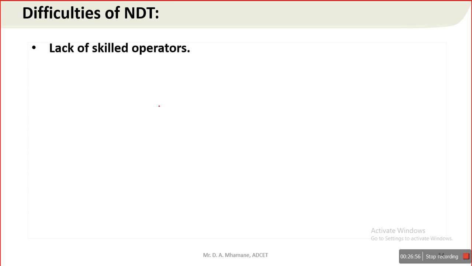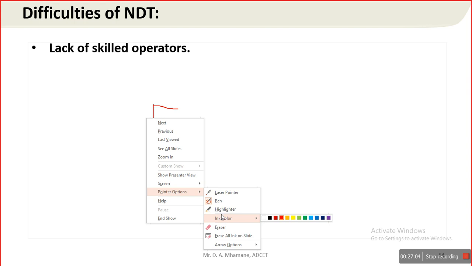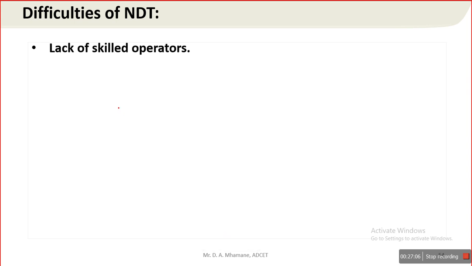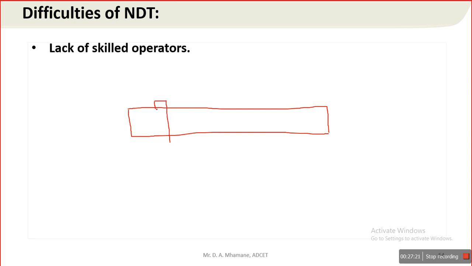So for example, suppose there is a shaft, and these are the bearing locations.